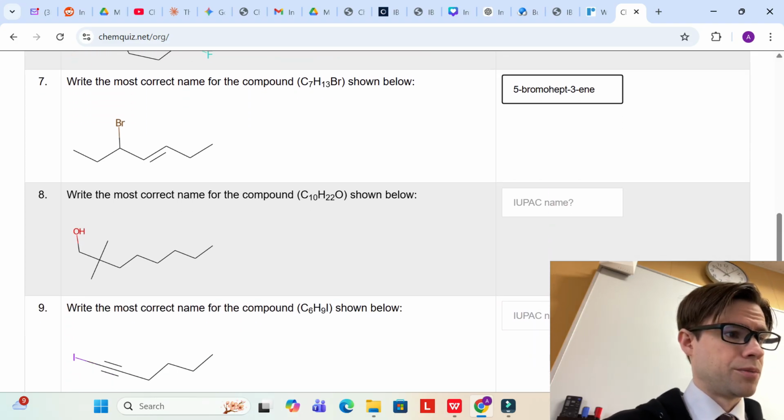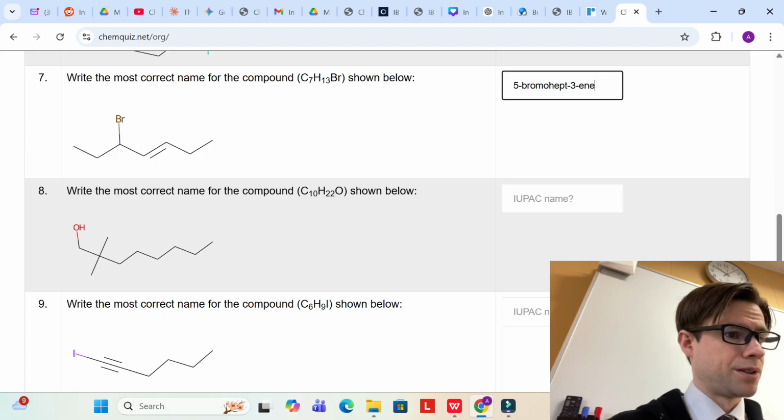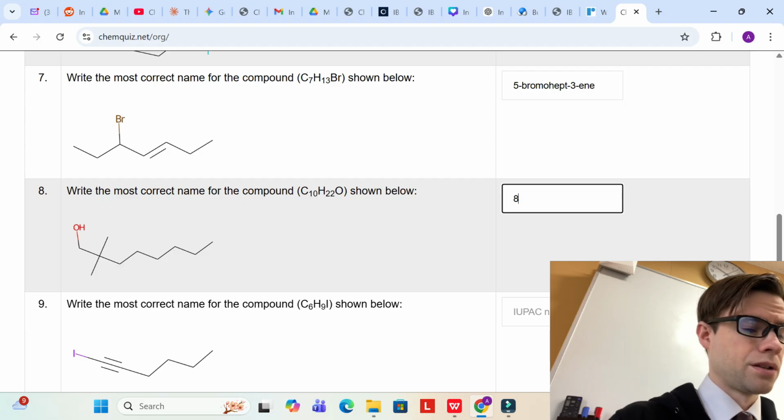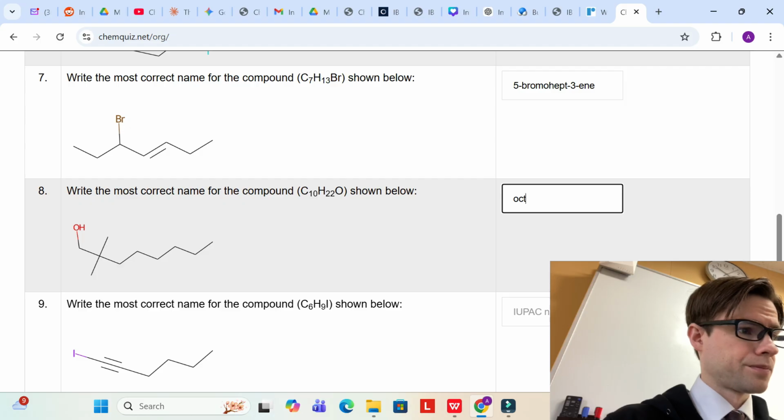Done. Number 8 then, not too bad, but very long, C10H22O. So this should be 10 carbons, 1, 2, 3, 4, 5, 6, 7, 8, but 8 in the main chain. So oct-an-1-ol.